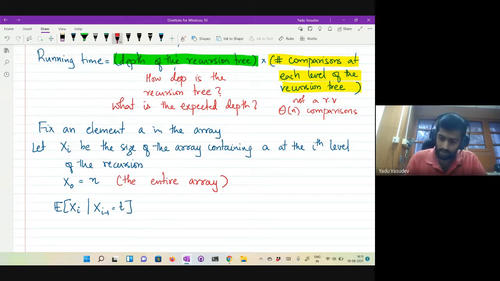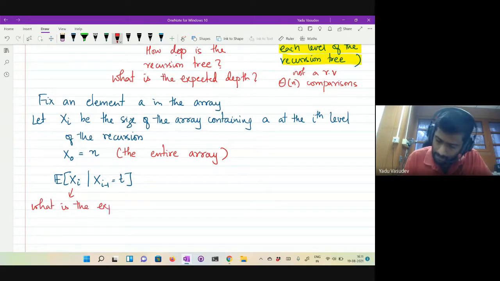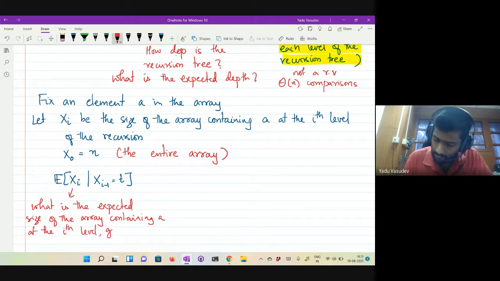What this means is, what is the expected size of the array containing A at the ith level, given that at the i minus 1th level it contained t elements?